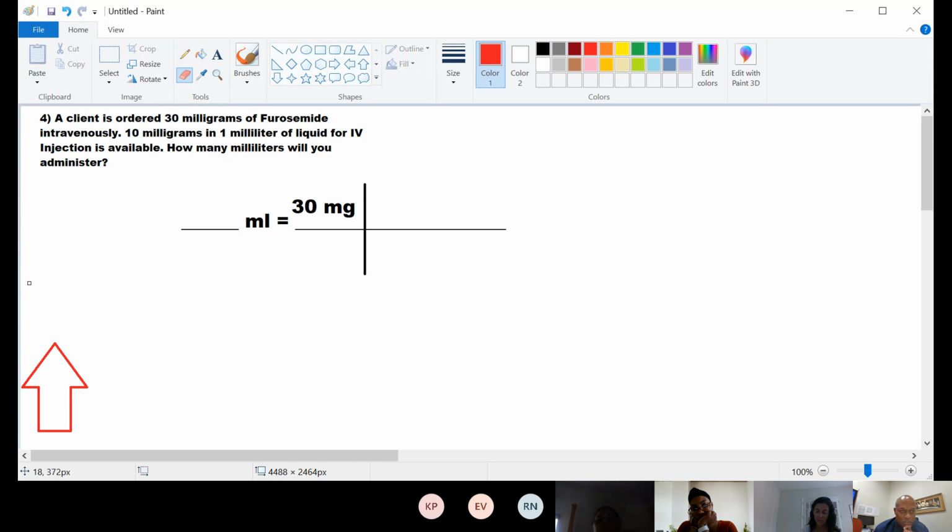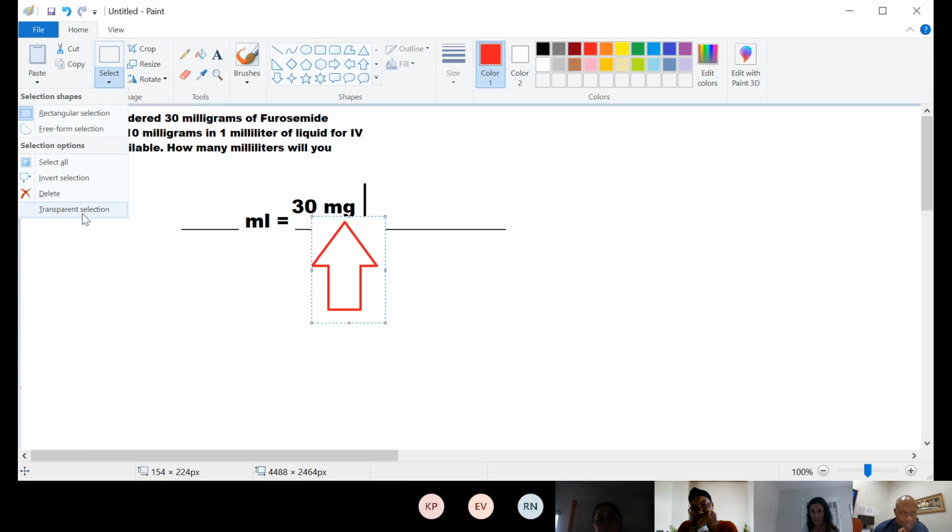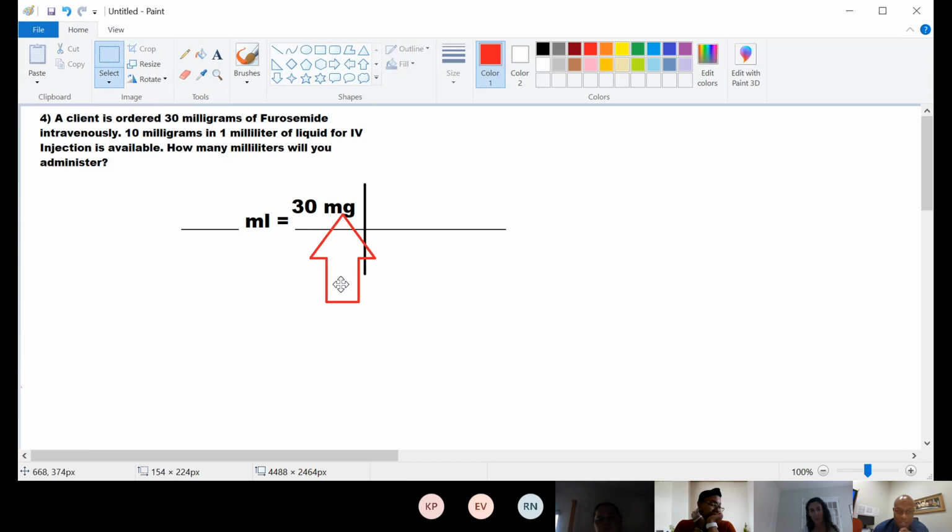Because remember, when we're doing this, we need to set it up like a checkerboard, right? And so if this is milligrams, then this should be what? Milligrams as well, right? So just like a checkerboard, our colors should match up. If this was red on a checkerboard, this block would be red on a checkerboard.